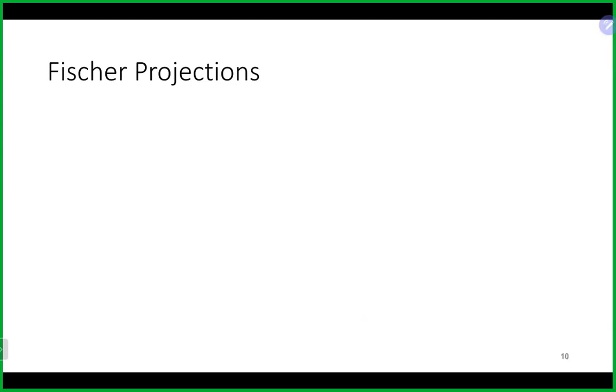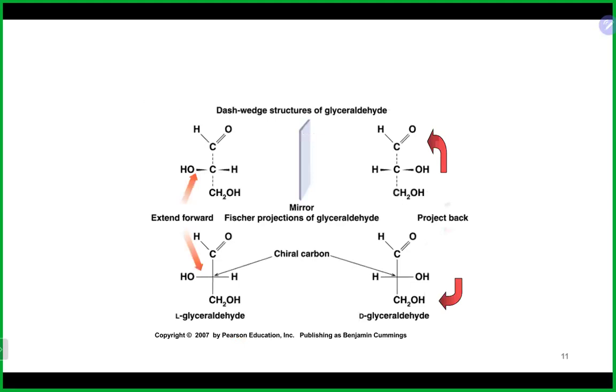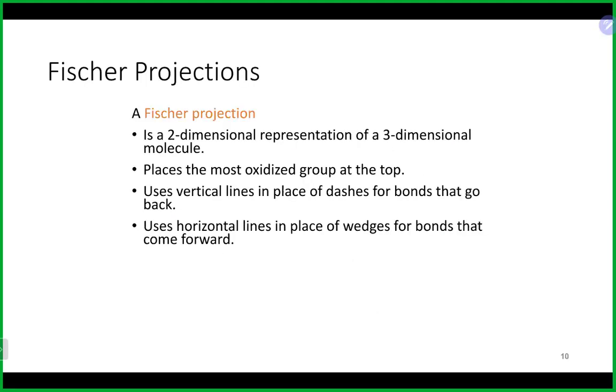All right. Now, Fischer projections are two-dimensional representations of a three-dimensional molecule. We usually place the most oxidized group towards the top. We use vertical lines in place of dashes for bonds that go backwards, and we use horizontal lines in place of wedges that come forward. So sometimes, especially in organic chemistry, I could draw a wedge here.